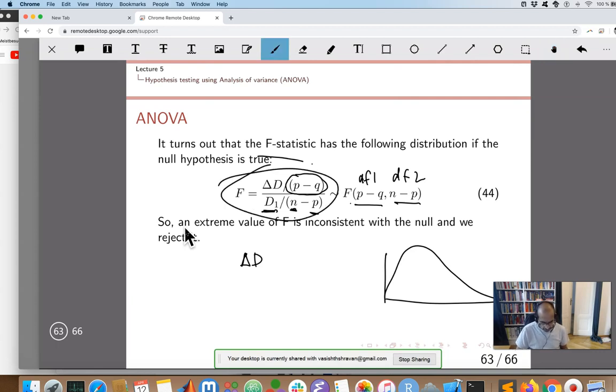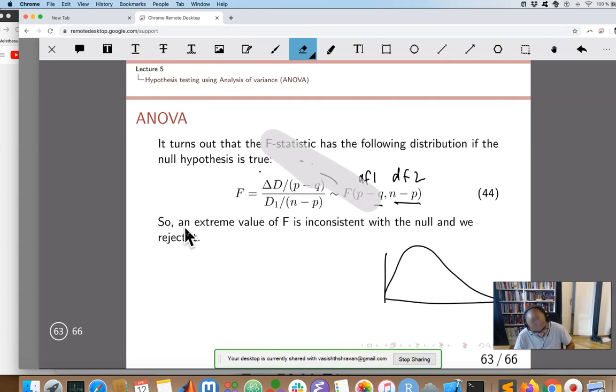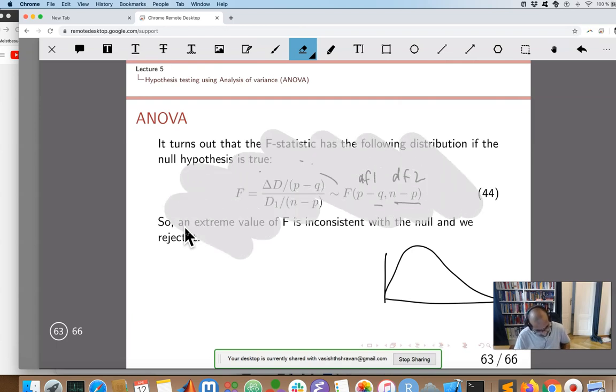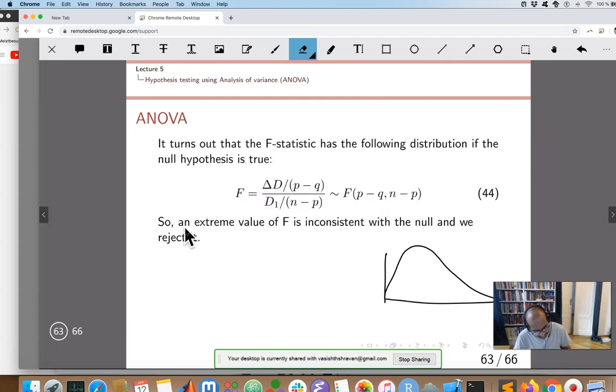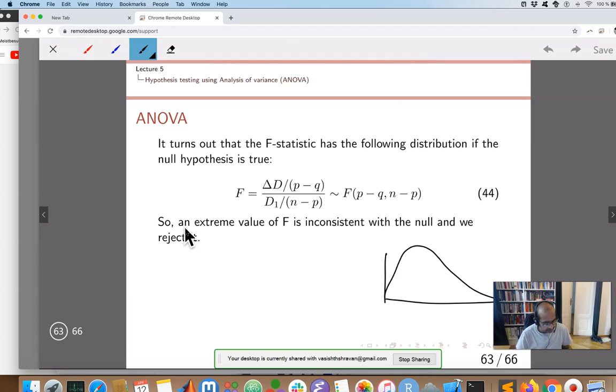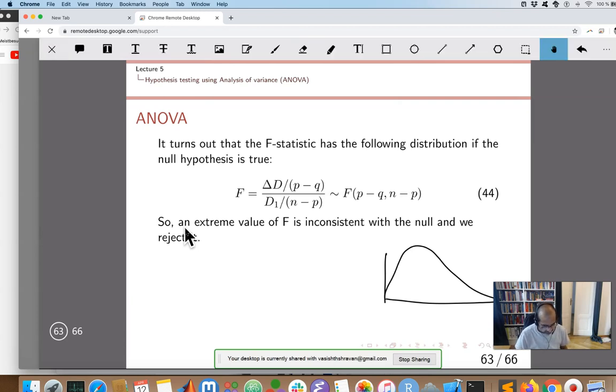Okay, so basically what we are getting here, let me erase all this again. What we are doing here is that just like we were computing the t statistic and the chi-squared statistic and all that stuff, we are computing a new statistic called the f statistic, which is the ratio of these two deviances divided by their differences in degrees of freedom.